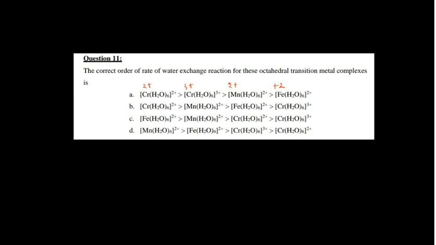Listen carefully to what I am saying. Whenever the water exchange reaction occurs in octahedral transition complexes, the d electron configurations are very, very important, because crystal field stabilization energy, CFSE, affects the reaction rates of water exchange reaction.